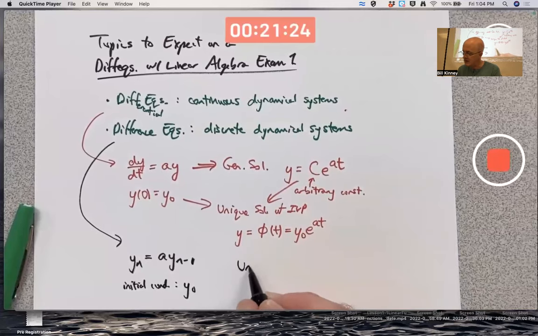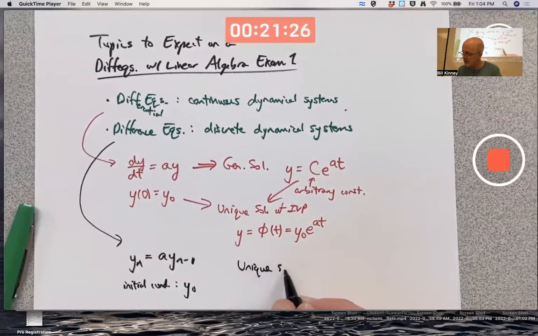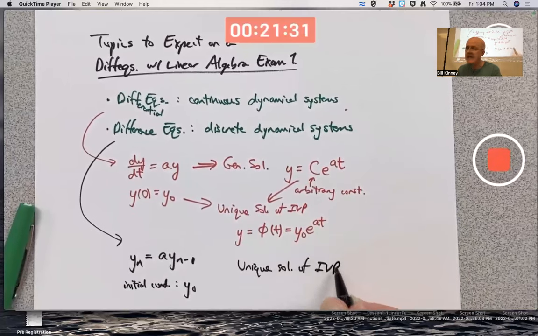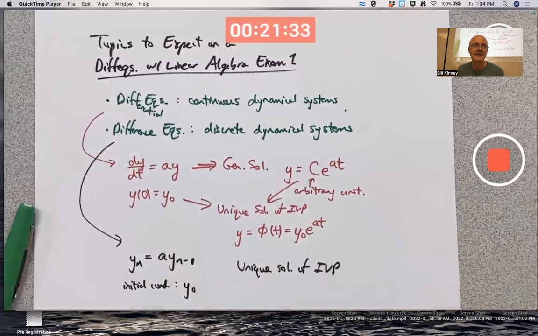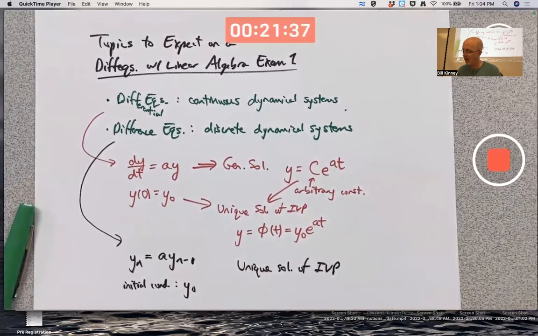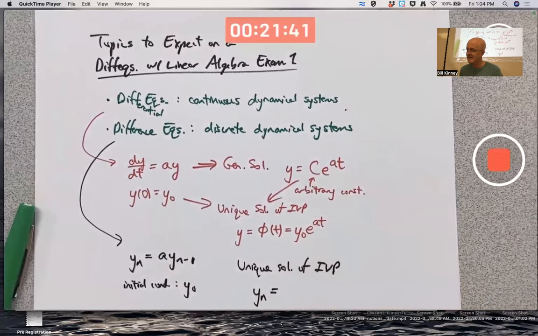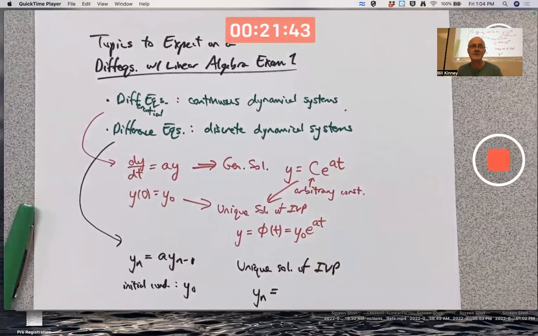What's the unique solution of that IVP? It does not involve E, or at least that's not the simplest way to write it. What's a formula for y sub n here? That will equal y sub 0 when n is 0.